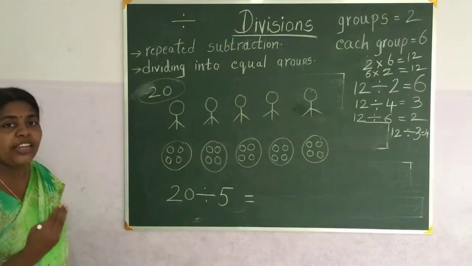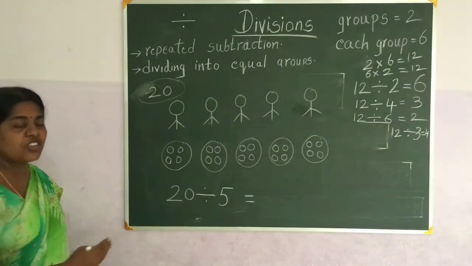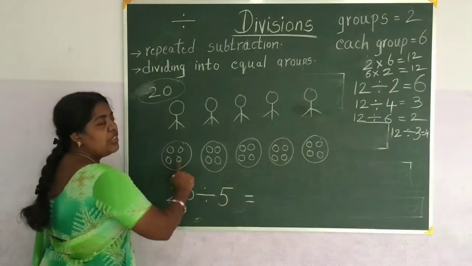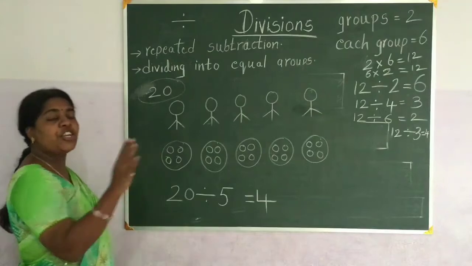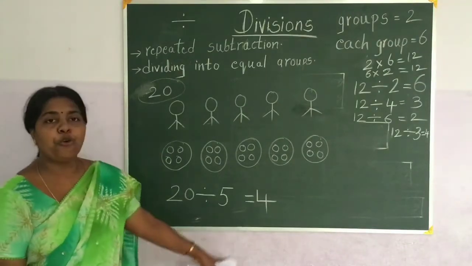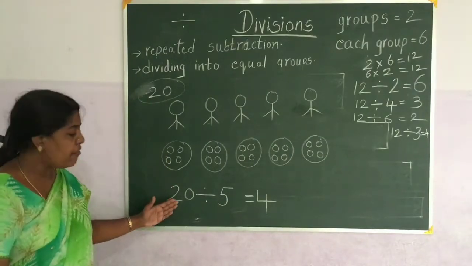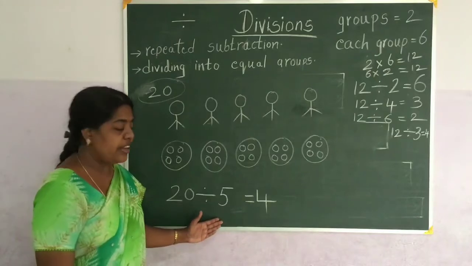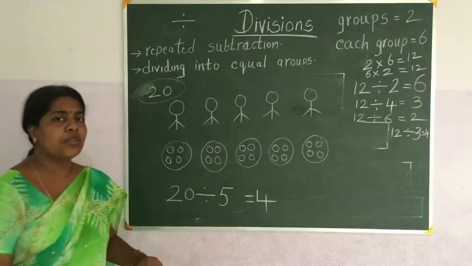So how many laddus does each child get? 1, 2, 3, 4. See here. So every child got the equal number of laddus. That is 4. So if 20 laddus are divided among 5 children, each child will get 4 laddus.